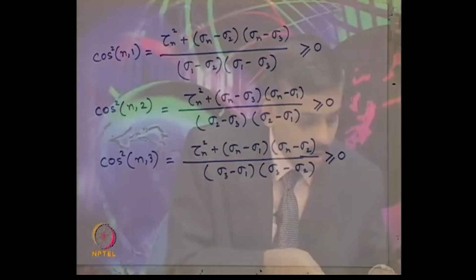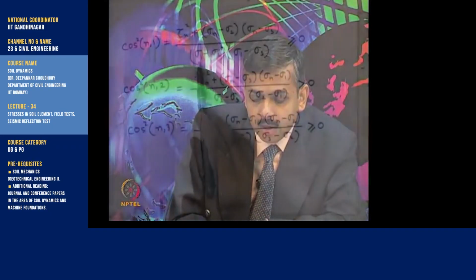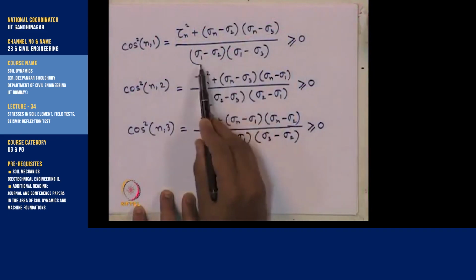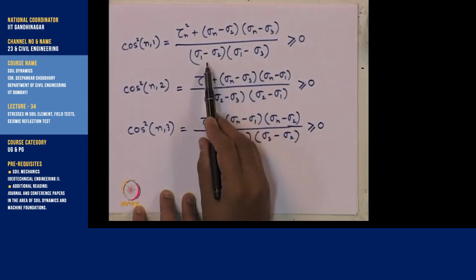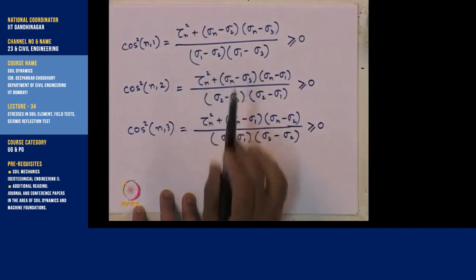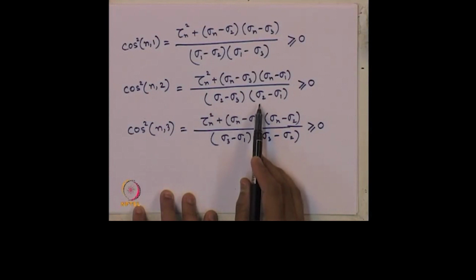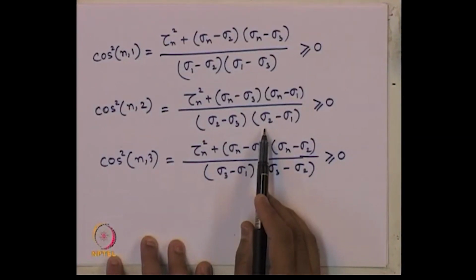Now, what we can look here is that sigma 1 is greater than sigma 2 is greater than sigma 3. So, this parameter is always positive. Sigma 2 is greater than sigma 3, so this is positive, but sigma 2 is less than sigma 1, so this is negative.